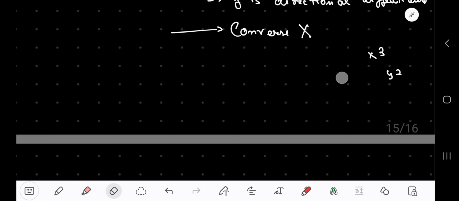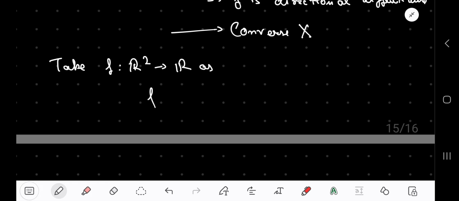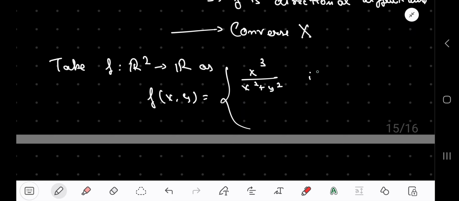Okay, let me write it here. Take f from R2 to R, so f of xy is defined to be x cubed upon x squared plus y squared if xy is non-zero, and it's 0 if xy is 0.